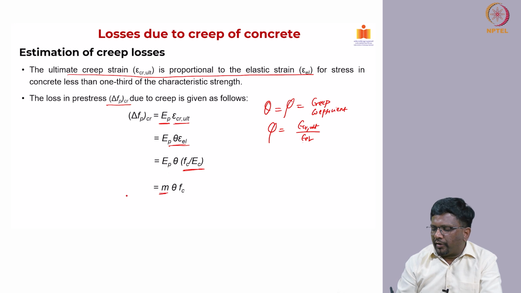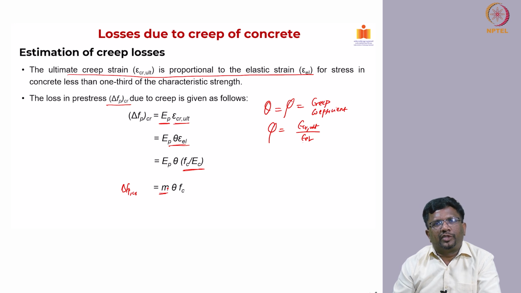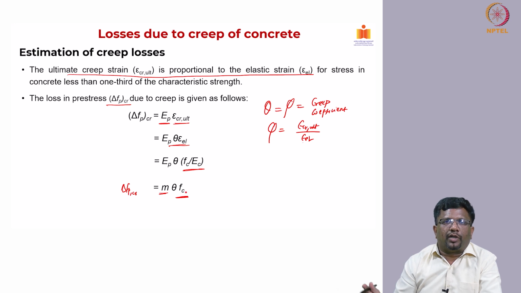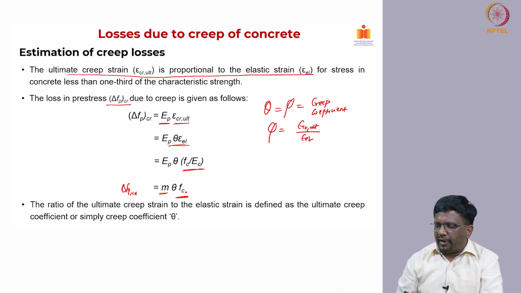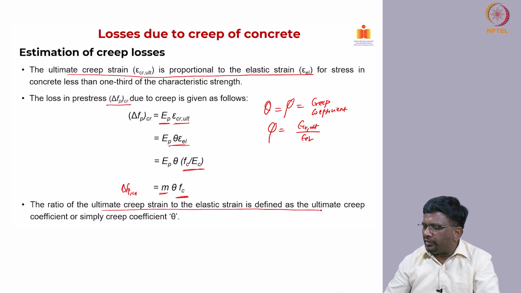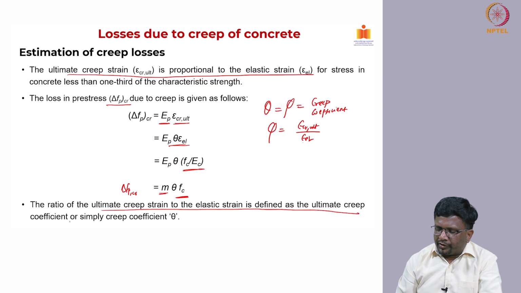So I can calculate this delta Fp due to creep as modular ratio times the creep coefficient times the stress in the concrete. Always we try to measure the stress in the concrete and then express the losses in terms of that. The ratio of ultimate creep strain to elastic strain is defined as the ultimate creep coefficient, or simply creep coefficient theta, or sometimes phi.